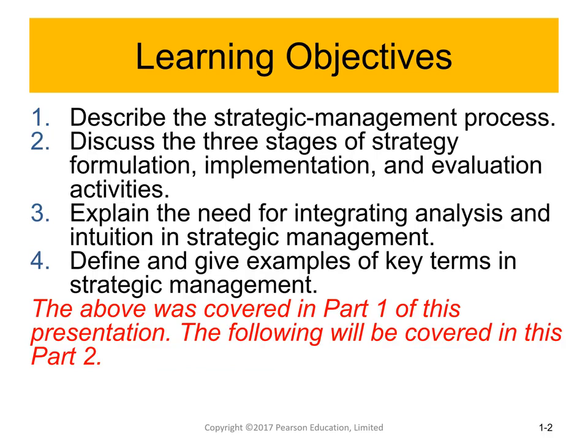So in the first part, we looked at describing the strategic management process. We discussed the 3 stages of strategy formulation, implementation, and evaluation. We attempted to explain the need for integrating analysis and intuition in strategic management, and we defined and gave some examples of key terms in strategic management.